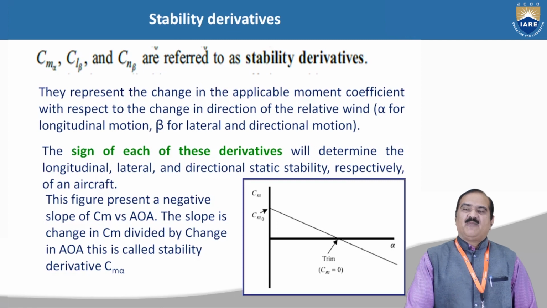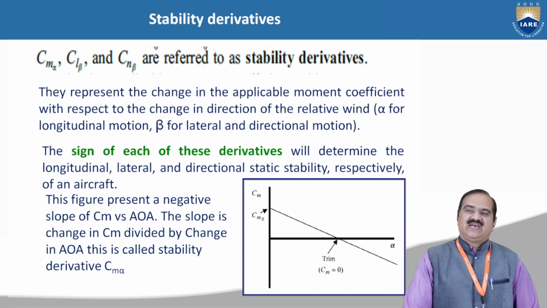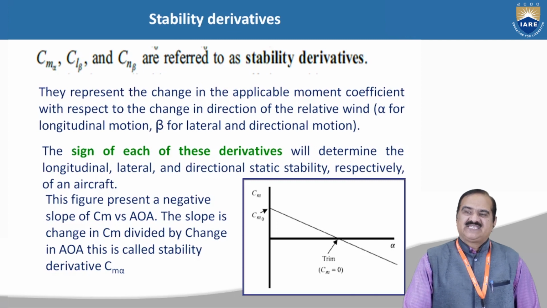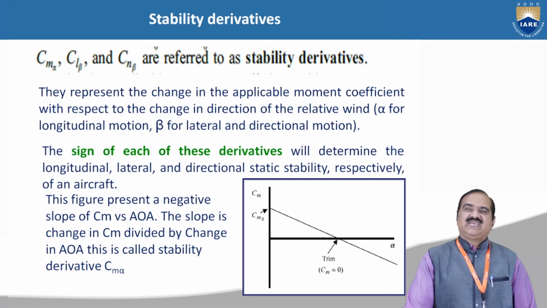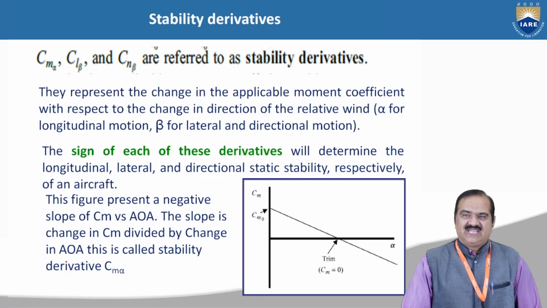I have plotted Cm versus alpha, and Cm naught is the coefficient of moment at 0 angle of attack, shown here as positive. If Cm naught is positive and dCm by d alpha is negative, then it is a statically longitudinally stable aircraft. This figure presents a negative slope of Cm versus angle of attack. The slope is the change in Cm divided by the change in angle of attack. This is called the stability derivative Cm alpha.